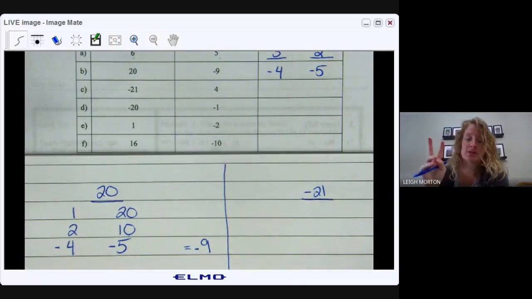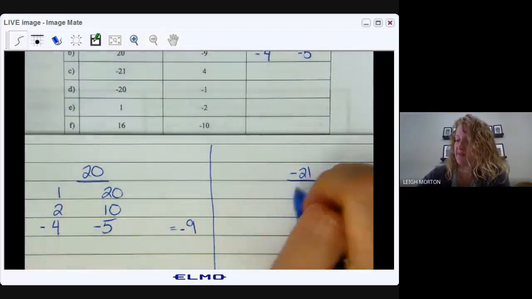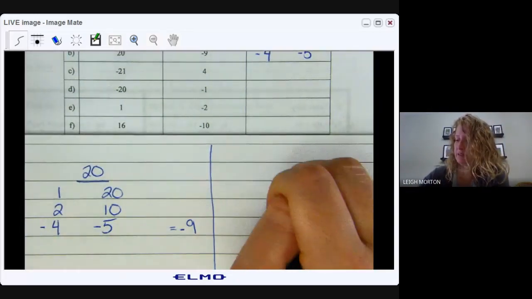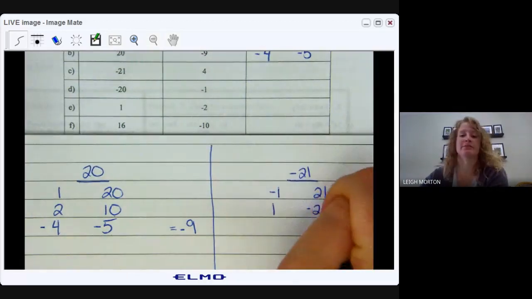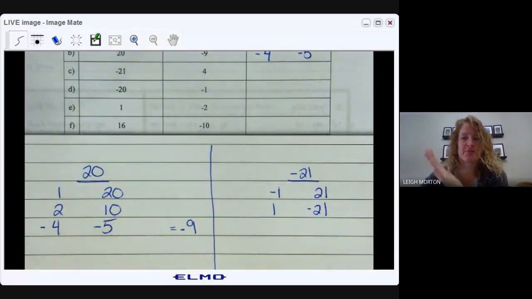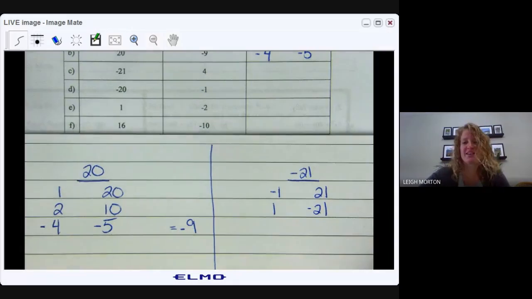I need two numbers that will multiply to negative 21. So I could have negative 1 and 21. I could have 1 times negative 21. Are you with me on this, like setting up our factors? Yes, perfect. Not because I think that you won't be. I just want to make sure that I'm not missing the step that's a stumbling block.